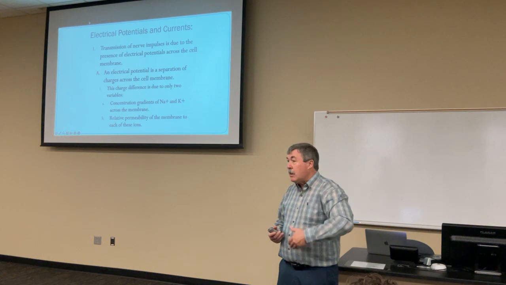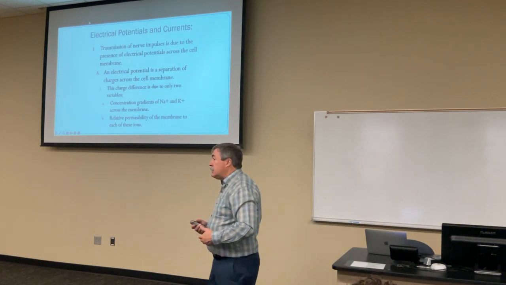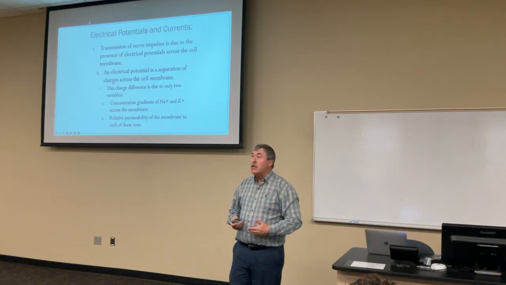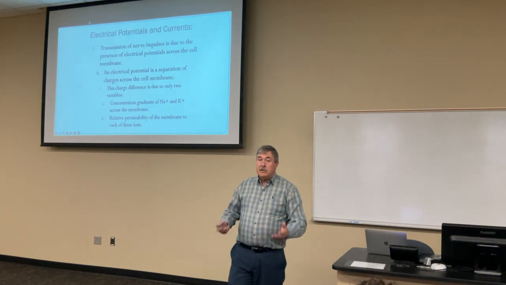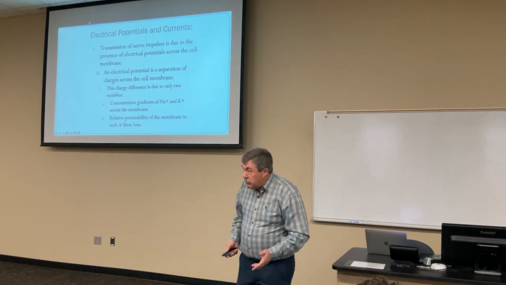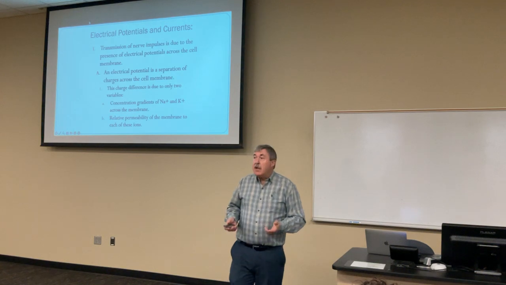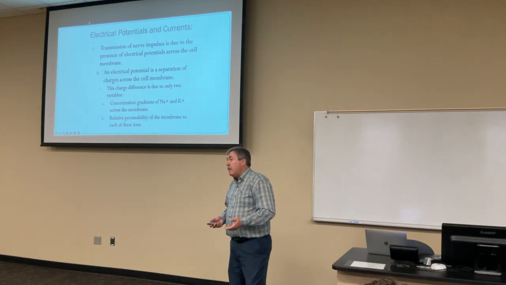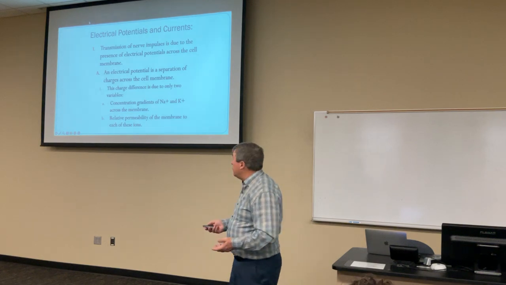So sodium can't go through the membrane very easily at all because there aren't any sodium leak channels in the membrane. The membrane of neurons does have potassium leak channels. So that makes potassium about 1,000 times more permeable in the cell membrane of neurons compared to sodium.